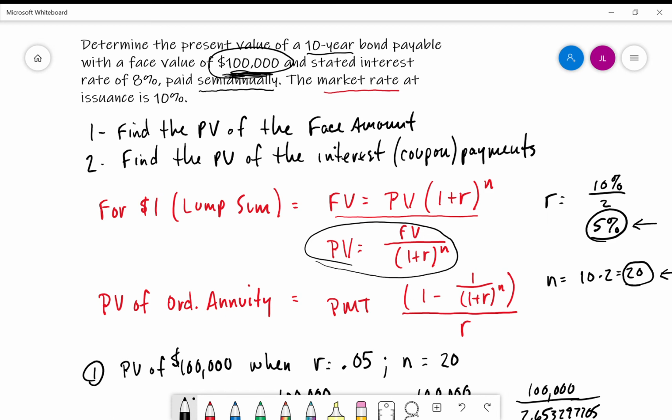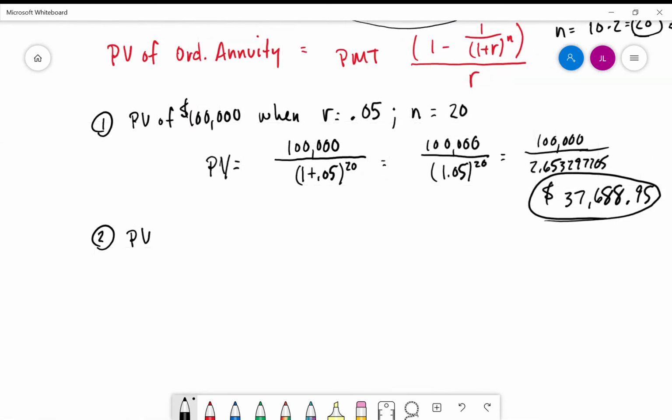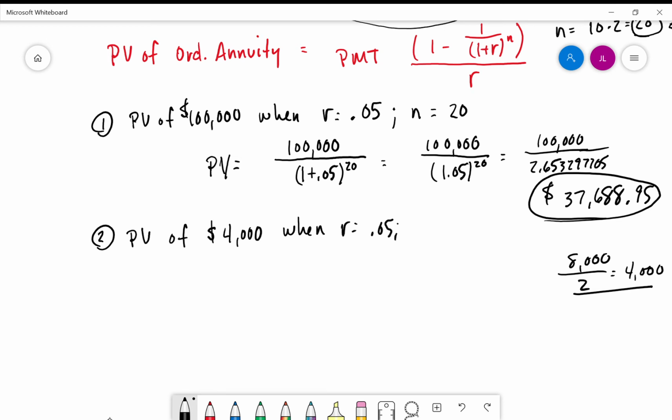So, scroll for me. The present value of, remember, it's $8,000 per year, but we're paying it semi-annually. So paying it twice per year means we're looking at $4,000. So the present value of $4,000 when the rate is equal to 0.05 and the number of periods is equal to 20.